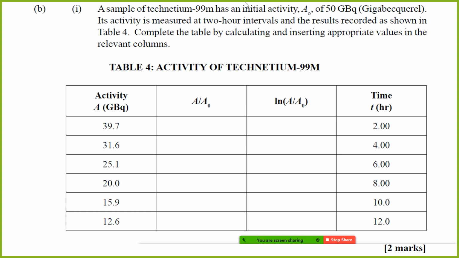Okay, so somebody go ahead and help me out with this. What is the first thing we're going to want to complete in the table here? Hello?